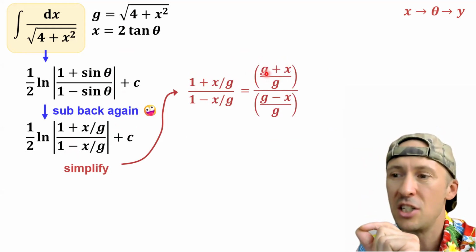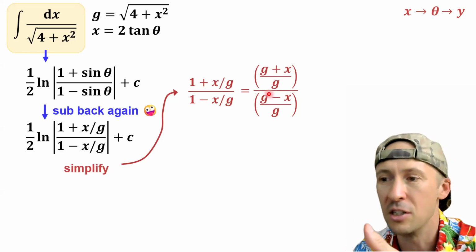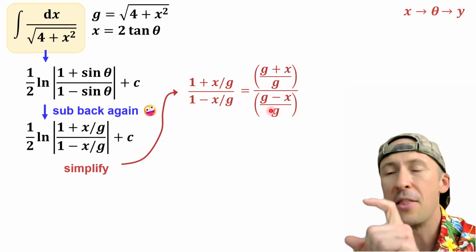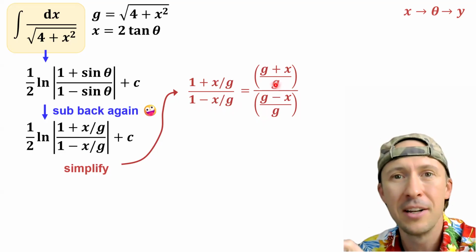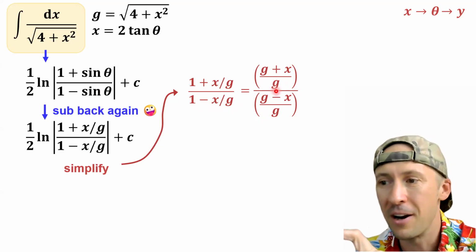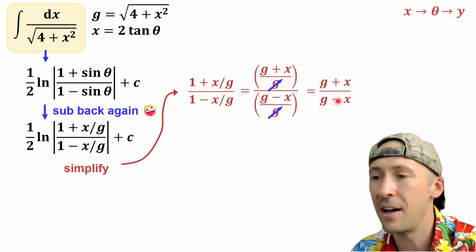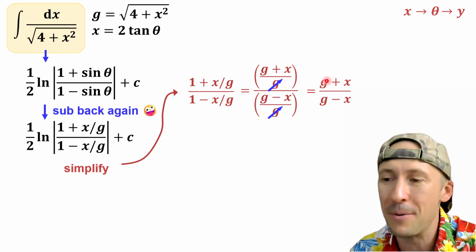So we can write this as g over g plus x over g, and g over g minus x over g, but then make each one fraction. And the reason we did that, check this out: we have g in the denominator in both of these compound fractions. So those g's cancel, and we're left with g plus x divided by g minus x. So we kind of simplified our life, made it a little bit prettier.